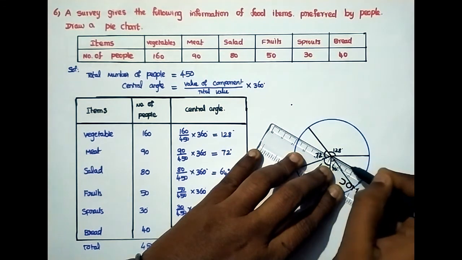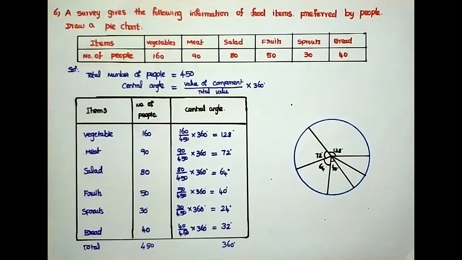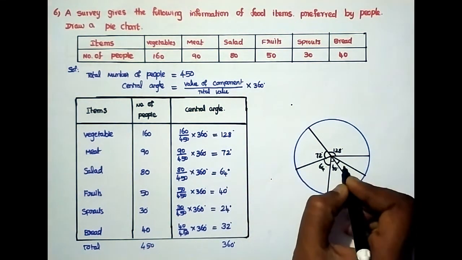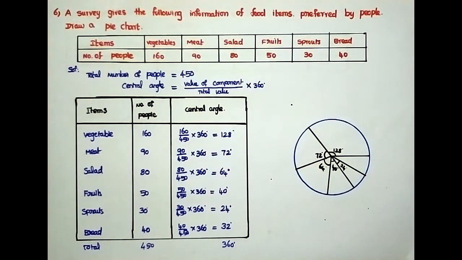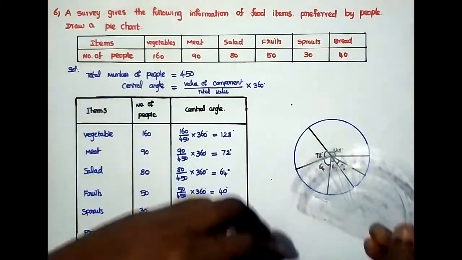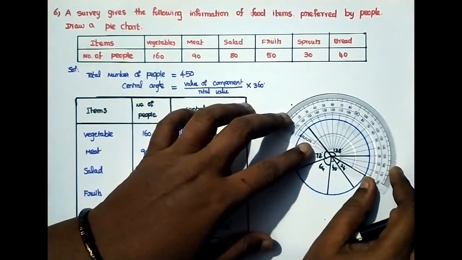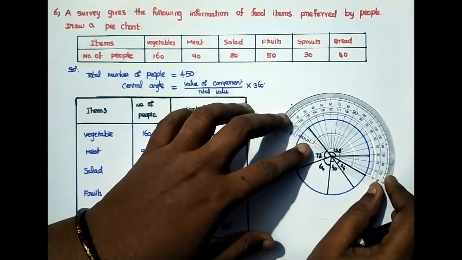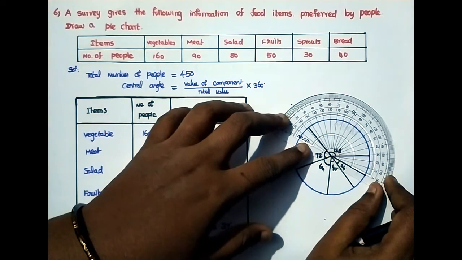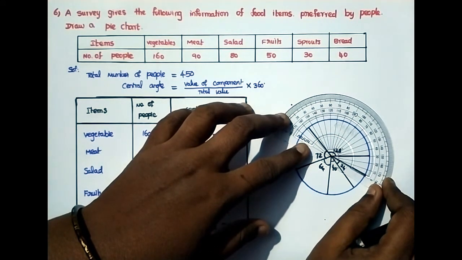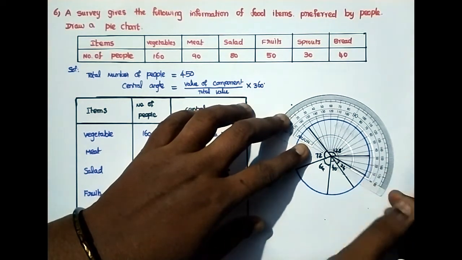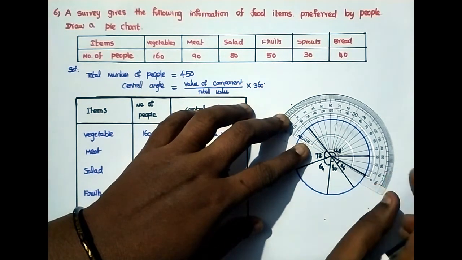Draw the line, that is 24 degree. Next one 32, that is only the balance, 32 degree. See this one, 32 degree.